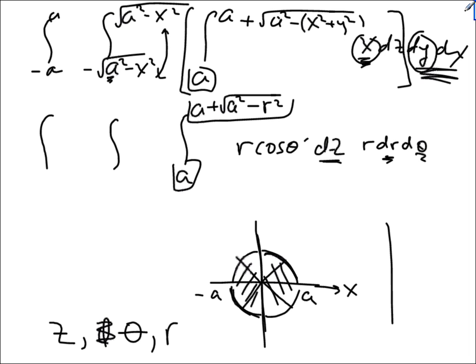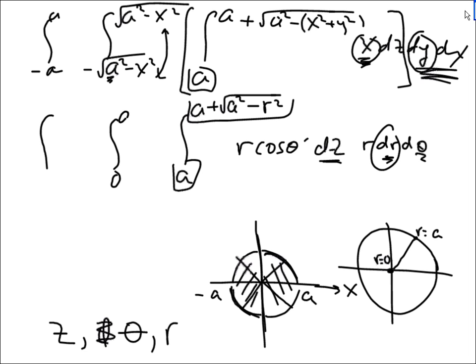What I mean by that is, to get to any point on the circle, you start here where r is 0, and you go out to here where r is a. So r goes from 0 to a. And where does theta go to? Since it's the whole entire circle, it goes from 0 to 2 pi. And there it is.